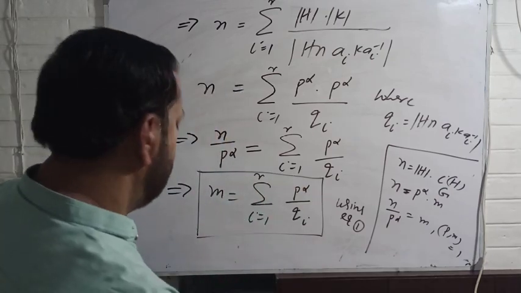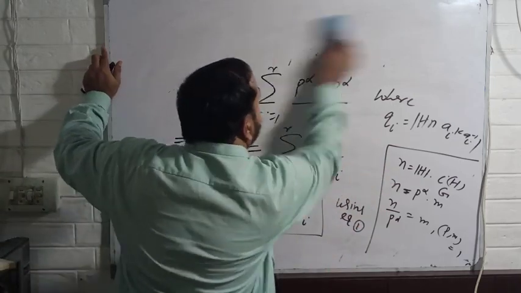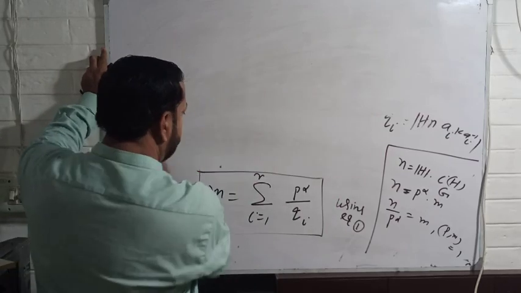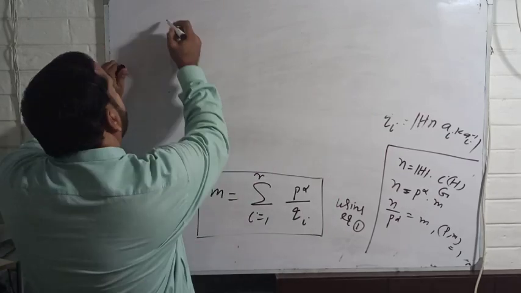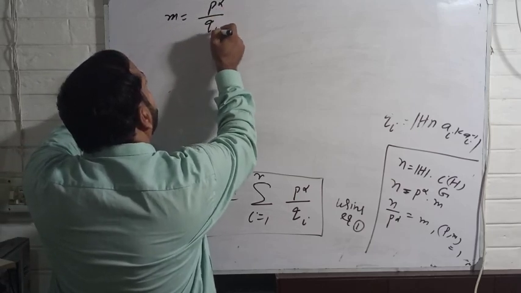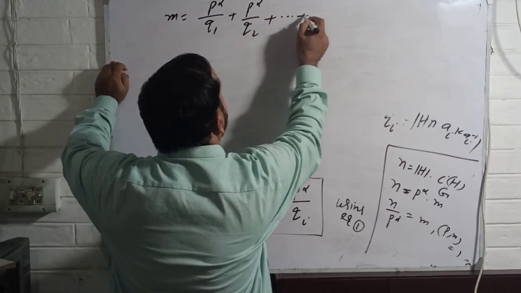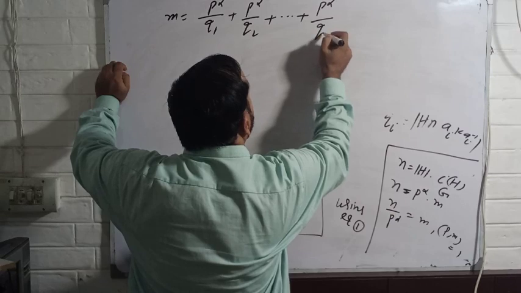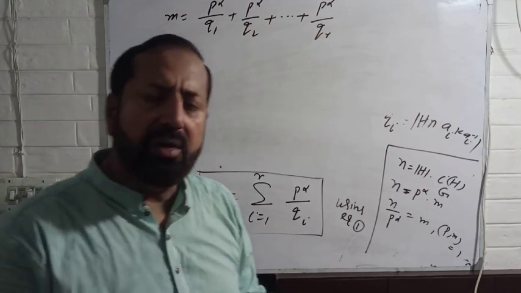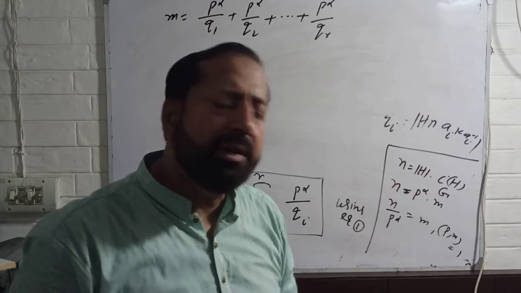Okay, from here we can easily write m is equal to p power alpha by q1 plus p power alpha by q2 plus and so on plus p power alpha by qr, because there are r possible double coset representations modulo HK.